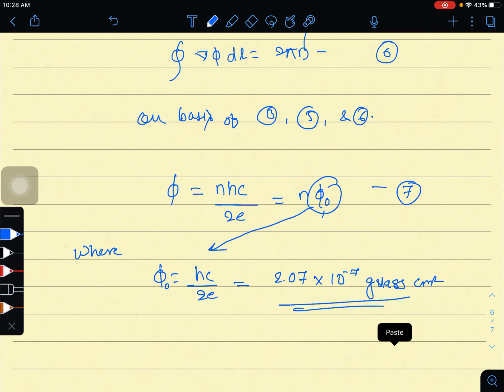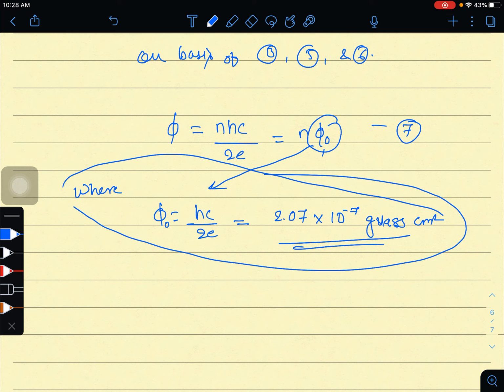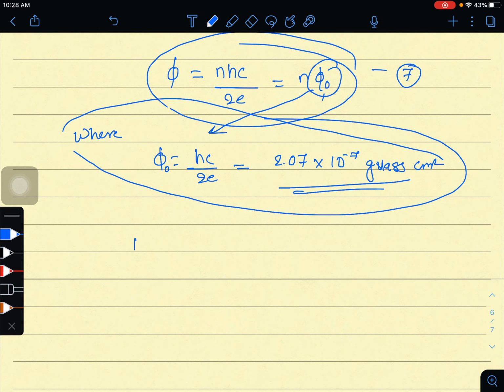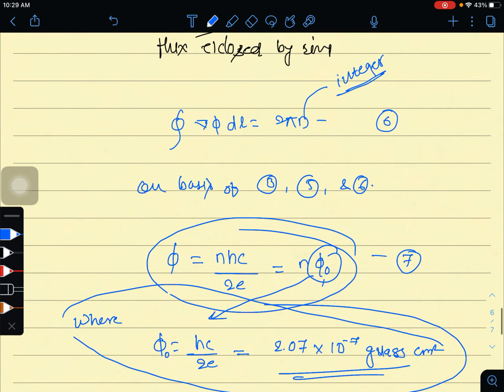This equation is known as the fluxoid, which is also called the flux quantization, or the flux quantum.